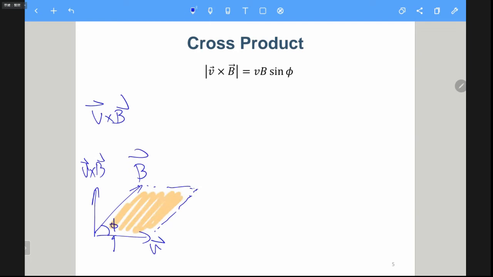In high school physics, when you learned trigonometry, you know the area of a triangle is 1/2 times V times B times sine phi.